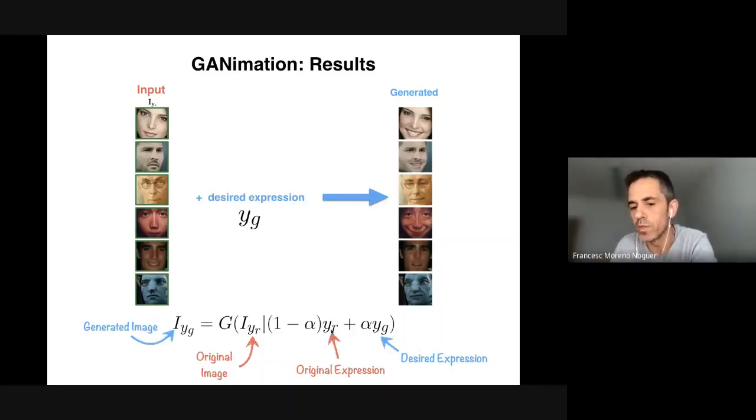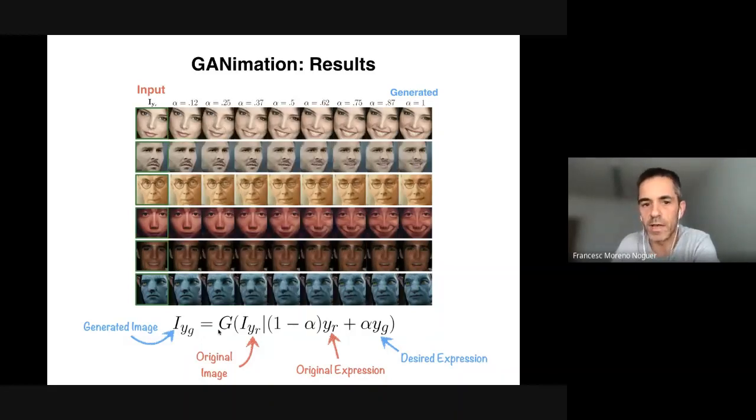We smoothly linearly interpolate between the input expression and the output expression, and we apply this vector to the generator. And we can smoothly change from the input expression to the output one. Here you see the degree of the alpha parameter that we apply to the original expression and is summed to the desired one.